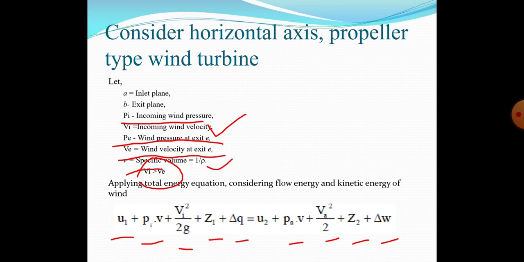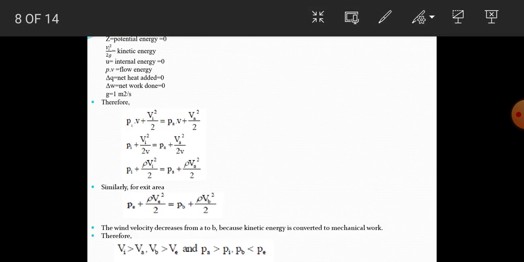Here, as the level is the same, Z is equal to 0, and the internal energy U is also 0, and P into V is the flow energy. There is no heat added and no work done, so Q and W are 0, and g is taken as 1.